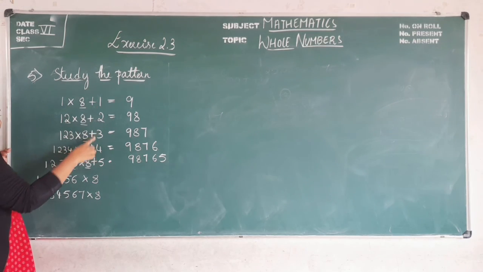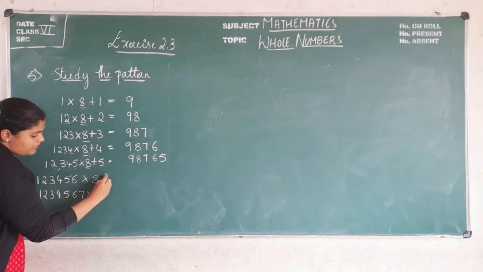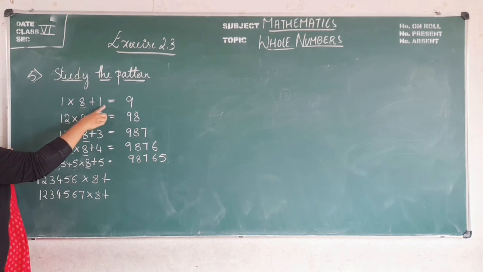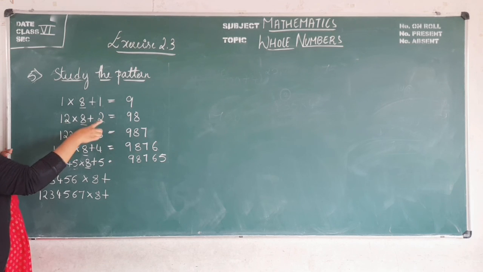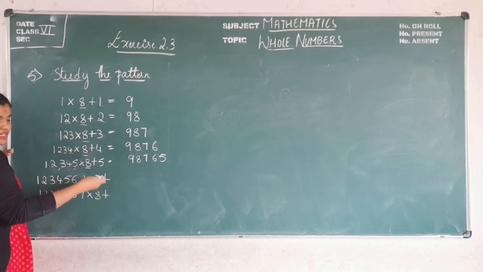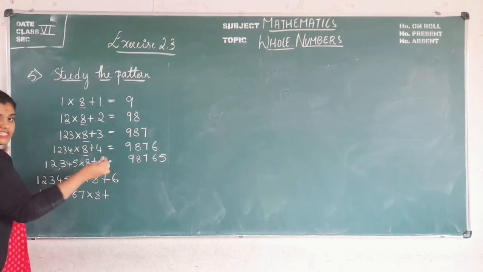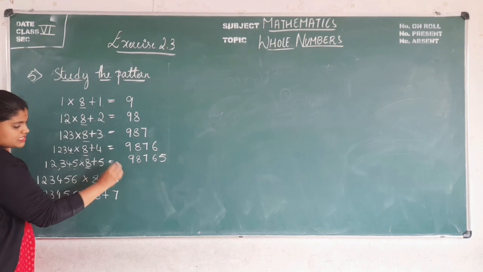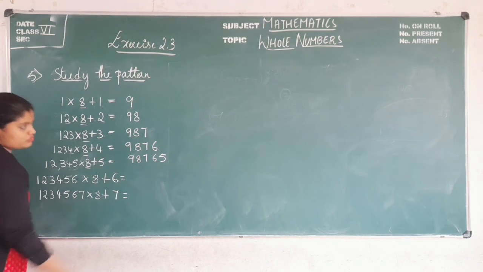Then in each case we are having plus. Then 1 plus 1 is 2, 2 plus 1 is 3, 3 plus 1 is 4, 4 plus 1 is 5. What is 5 plus 1? 6. What is 6 plus 1? 7. Then we have the equal sign in each case, so we will be writing equal in these two.